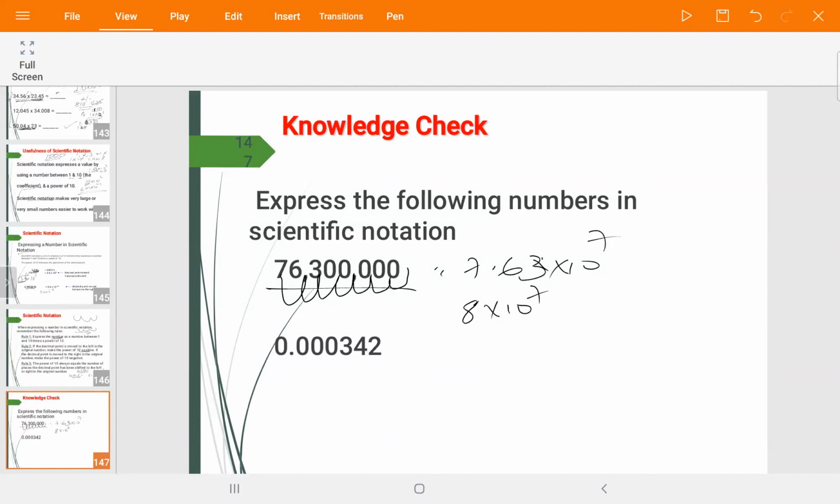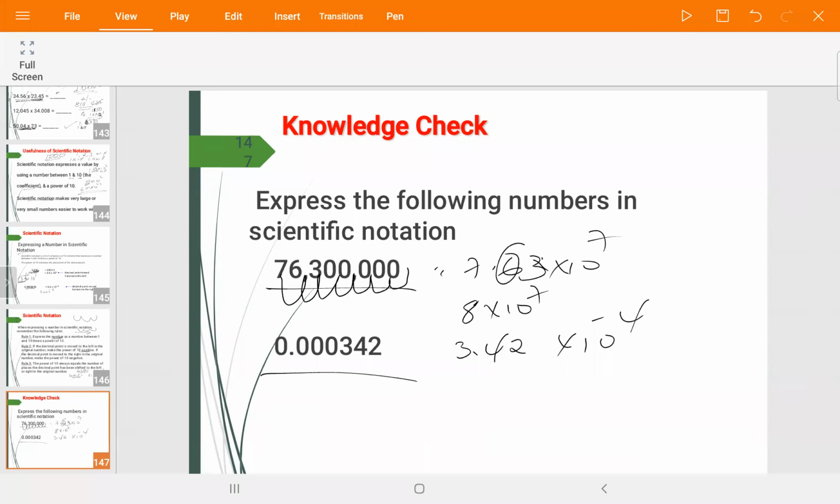Exactly. So what do you do? Because this digit is greater than 5, the preceding number has to be increased by 1 unit. Then, who can express this in scientific notation? 3.42 times 10 to the power of minus 4, exactly, excellent.